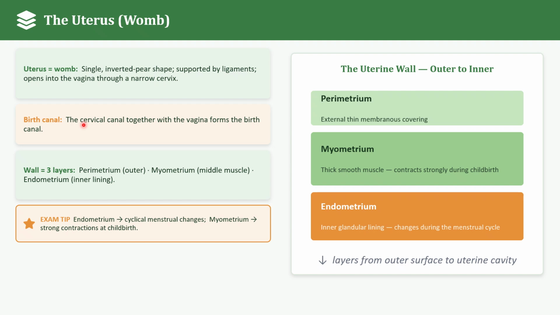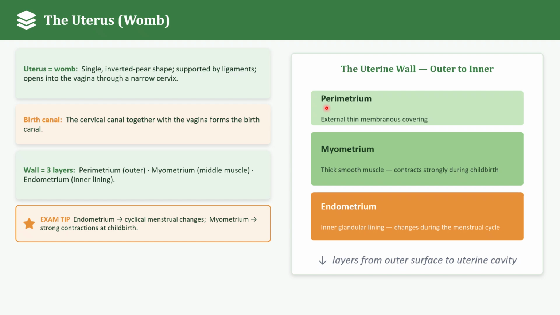And the layers of the uterine wall. The first one is the perimetrium, the outer thin membranous covering that protects the uterus.